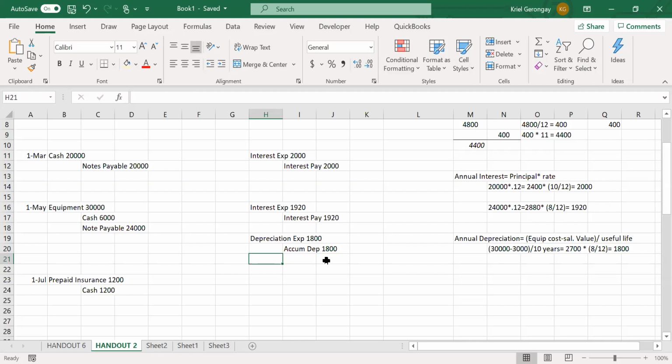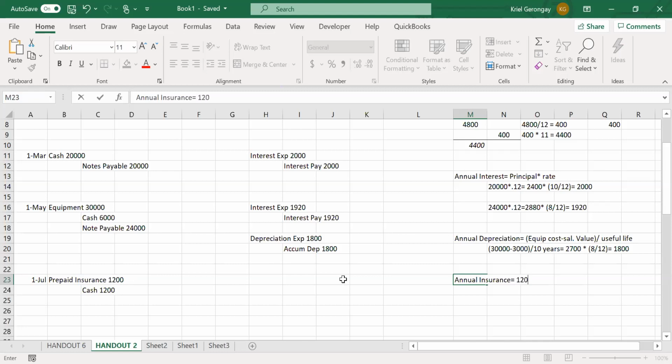So for July 1st, we bought an insurance policy for 3 years worth 1,200. To get the annual insurance, you divide by 3, because this 1,200 is good for 3 years. So 1,200 divided by 3 years is 400 per year.